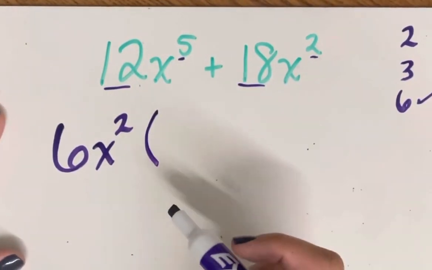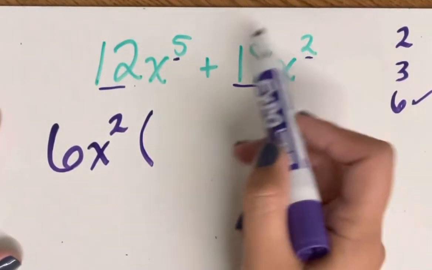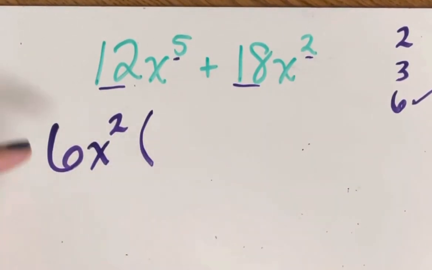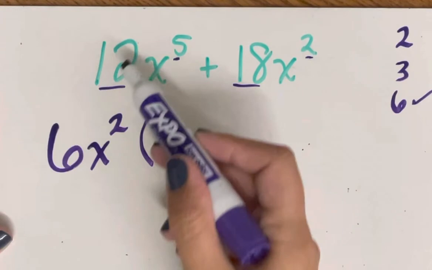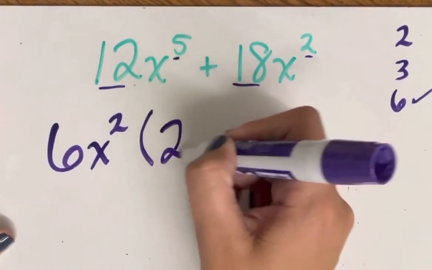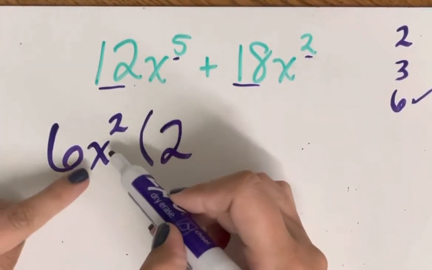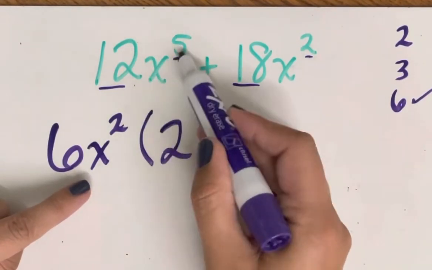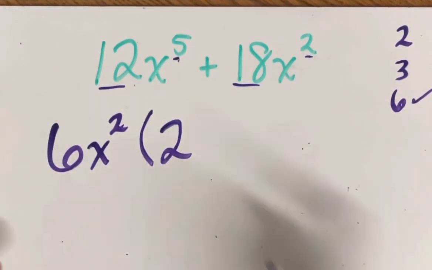So now I have to think about what remains in each of these terms when I factor out 6x squared. So first of all, when I take 6 out from 12, I'm left with 2. When I take x squared out of x to the 5th, I'm really just subtracting these exponents to see what remains.